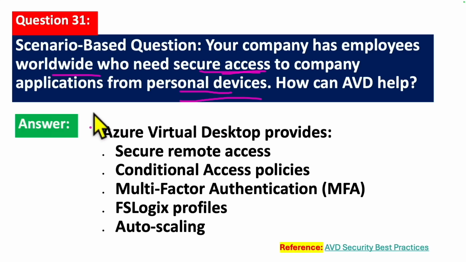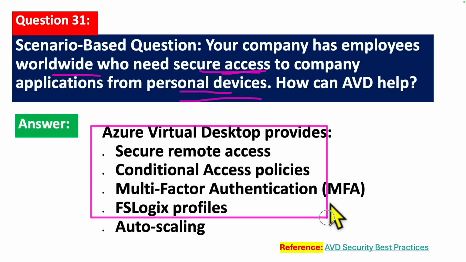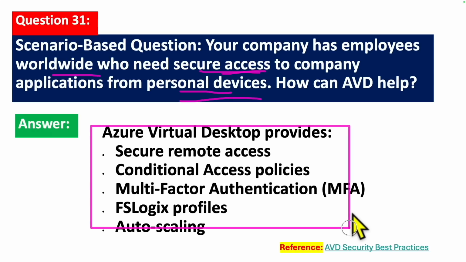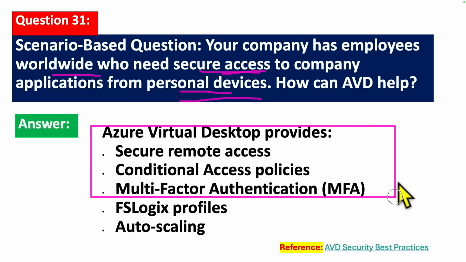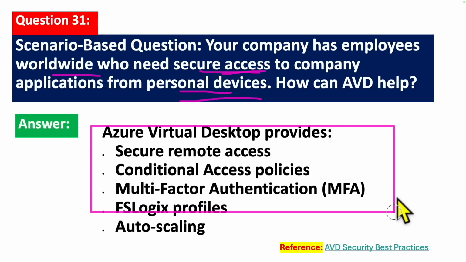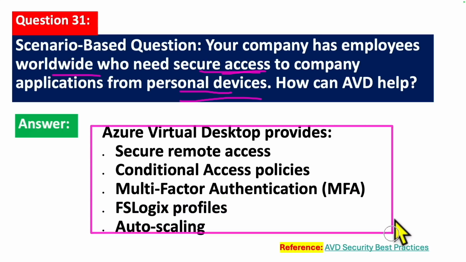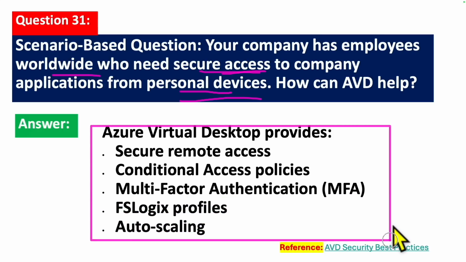First, help them understand AVD provides secure remote access from any device, conditional access to restrict unauthorized access, multi-factor authentication for additional security, FSLogix for personalized user experience, and auto scaling to optimize cost based on usage. But how do you explain these things in detail?